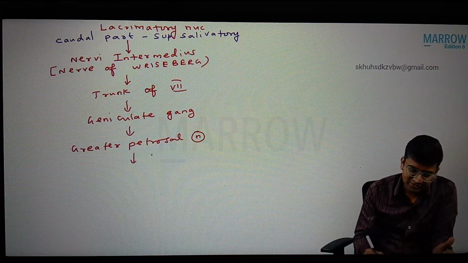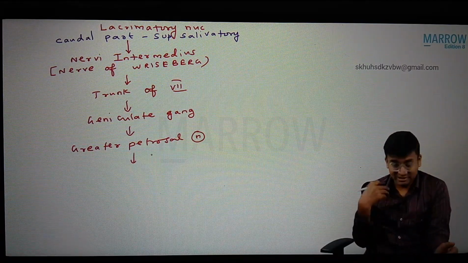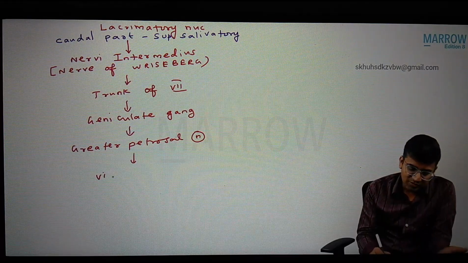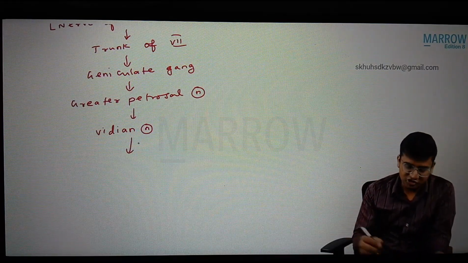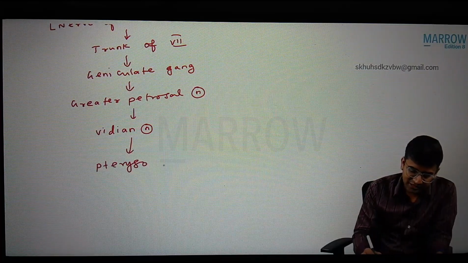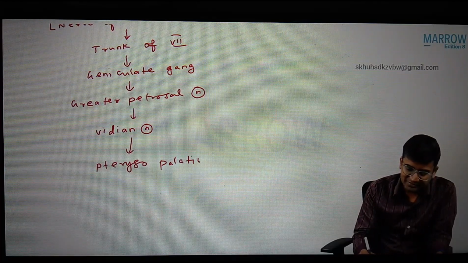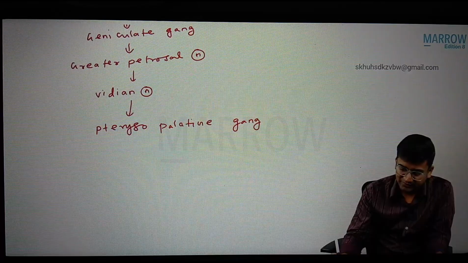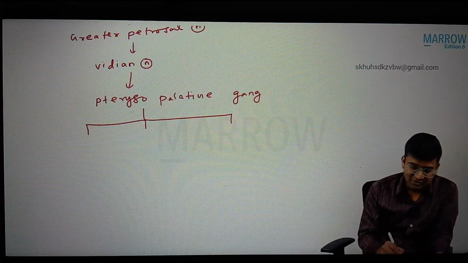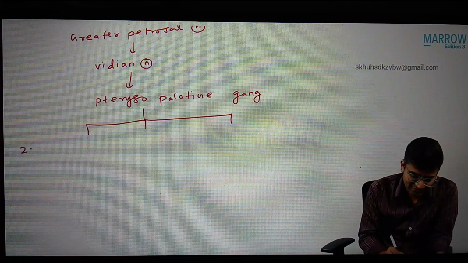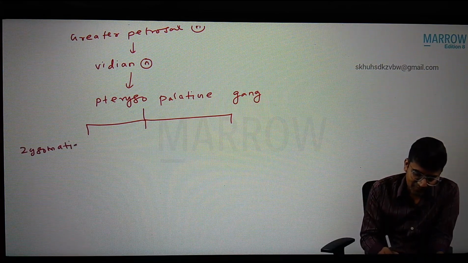Now the greater petrosal nerve joins with the deep petrosal nerve to form the Vidian nerve, which in turn joins with the pterygopalatine ganglion. From the maxillary nerve, we have the zygomatic nerve.